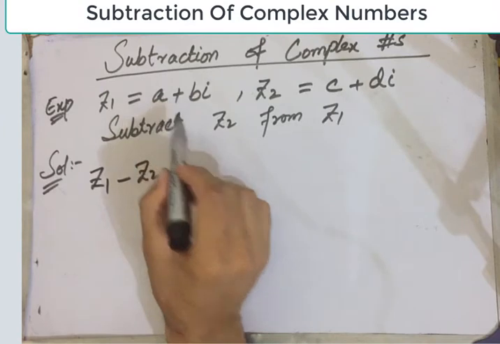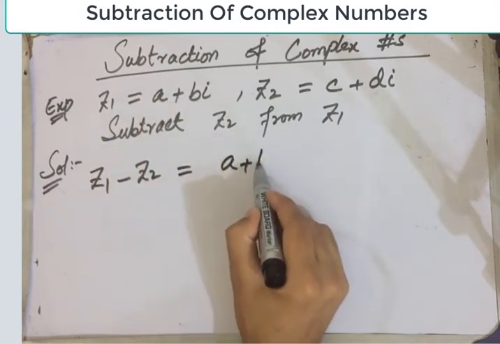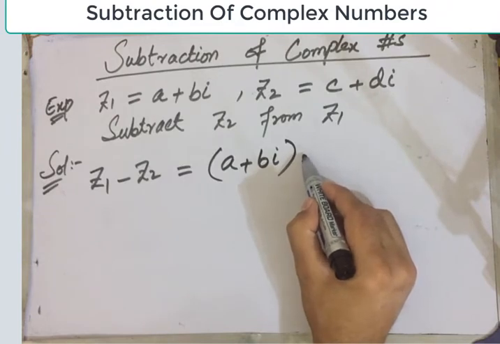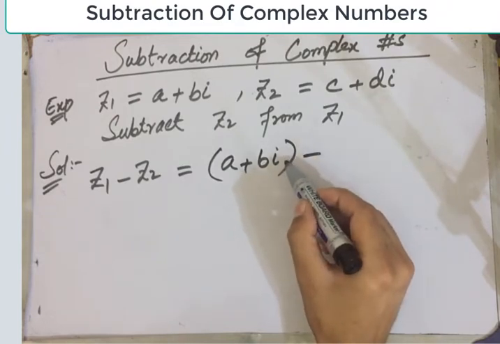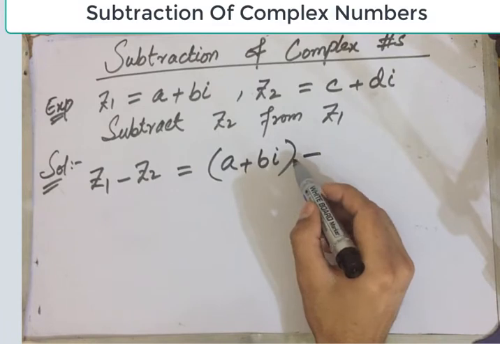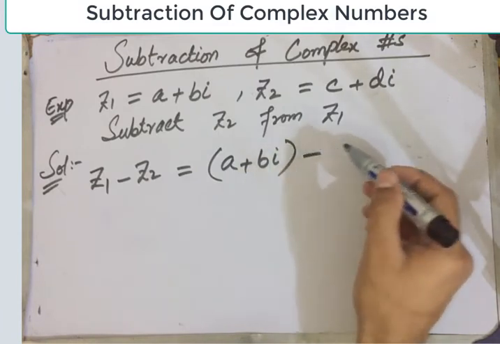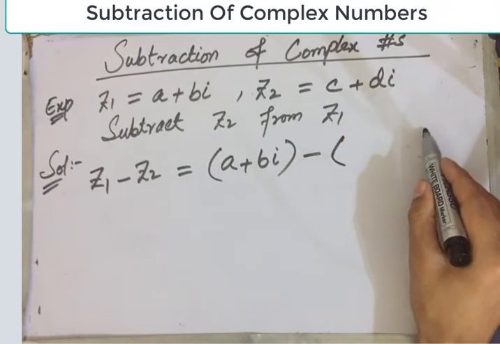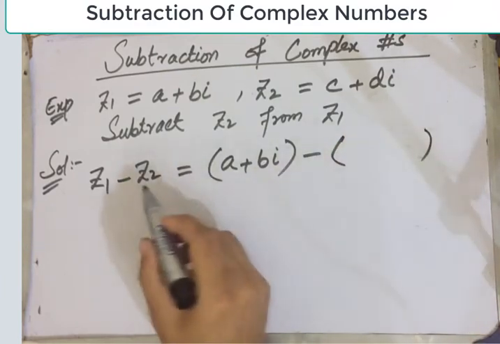The value of Z1 is A plus B iota. In the subtraction part, adding the round brackets is very important because of the negative sign, which is multiplied by the numbers.